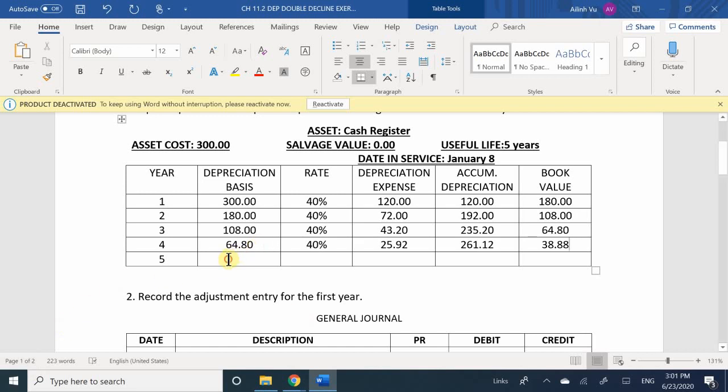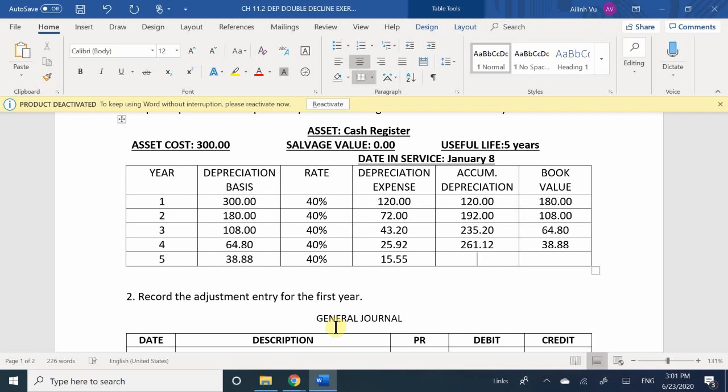So for the next year, 38.88 times 40% is $15.55.